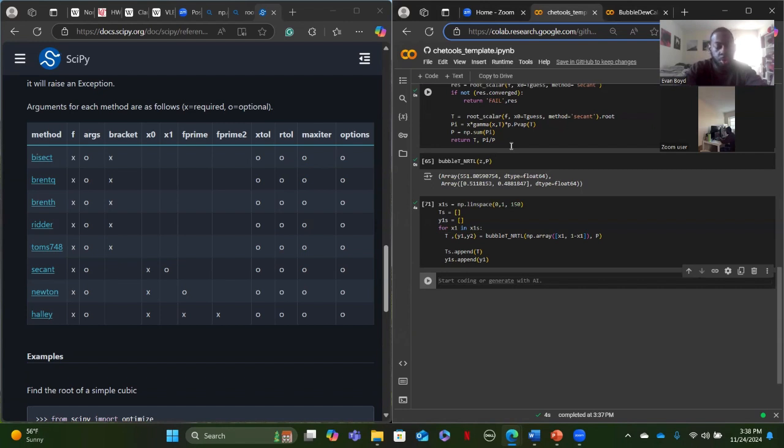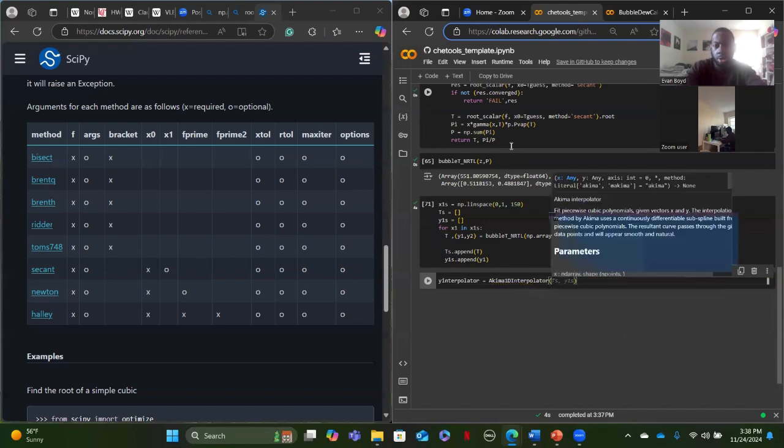We'll start with our Y interpolator, and this will be equal to Akima 1D interpolator. And this should be our X1s for our X, and then our Y1s.